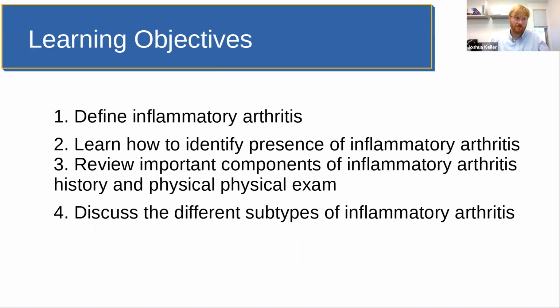Then I'd like to teach you how to identify the presence of inflammatory arthritis in a patient, and then review components important in the history and physical exam, and in turn discuss the different subtypes of inflammatory arthritis and figure out what underlying cause there might be to that patient's inflammatory arthritis.